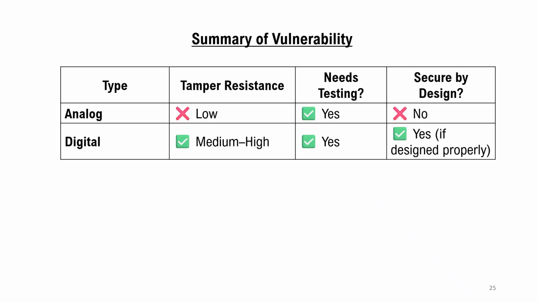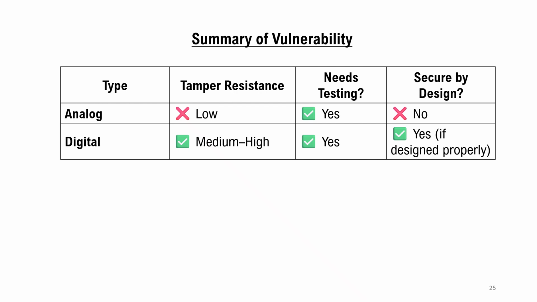Summary of vulnerability. In the case of analog, tamper resistance is low, needs testing: yes. Secure by design: no. In the case of digital speedometers, tamper resistance is medium to high, needs testing: yes.